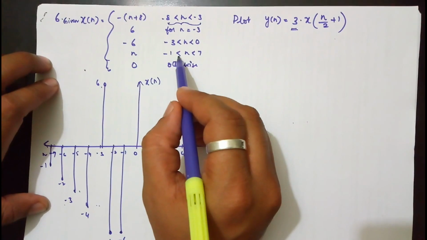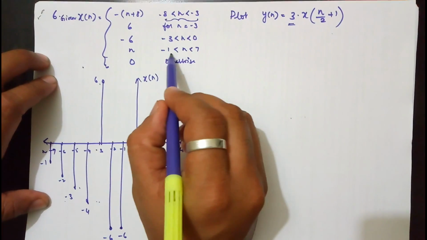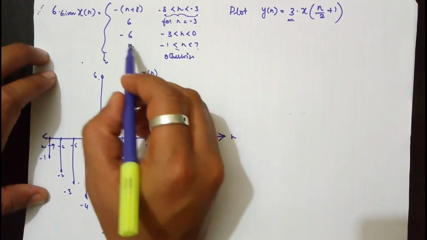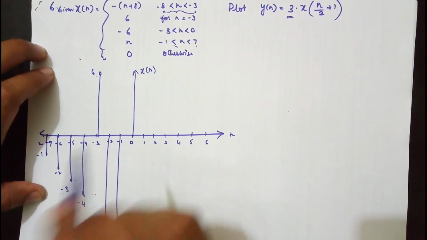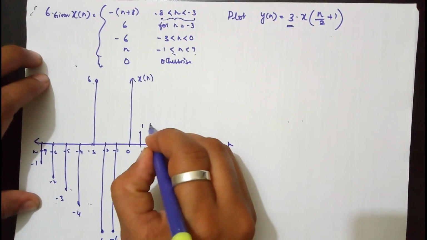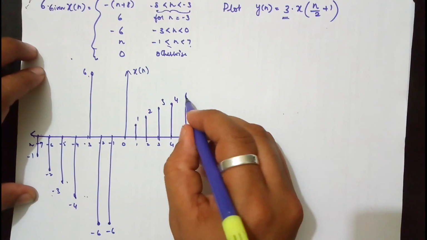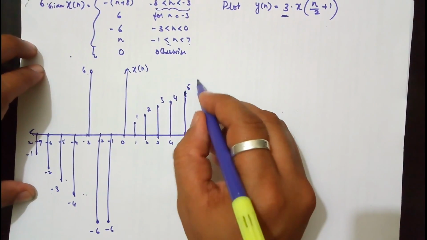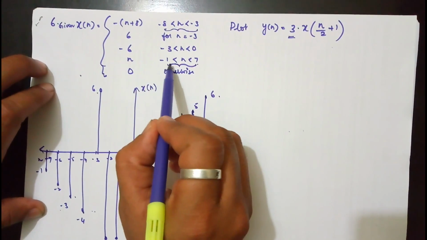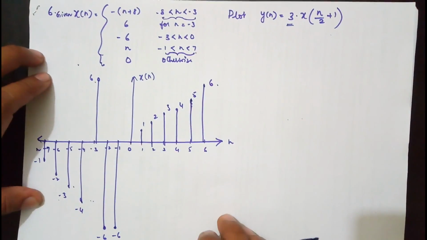So n greater than -1 means 0, and n less than 7 means 6. For this set of values of n, x of n is n. So at n equal to 0, x of n is 0. At 1 you have 1, at 2 you have 2, at 3 you have 3, at 4 you have 4, at 5 you have an amplitude of 5, at 6 you have an amplitude of 6. Why? Because for n ranging between 0 and 6, the value of x of n is n. So this is my x of n.